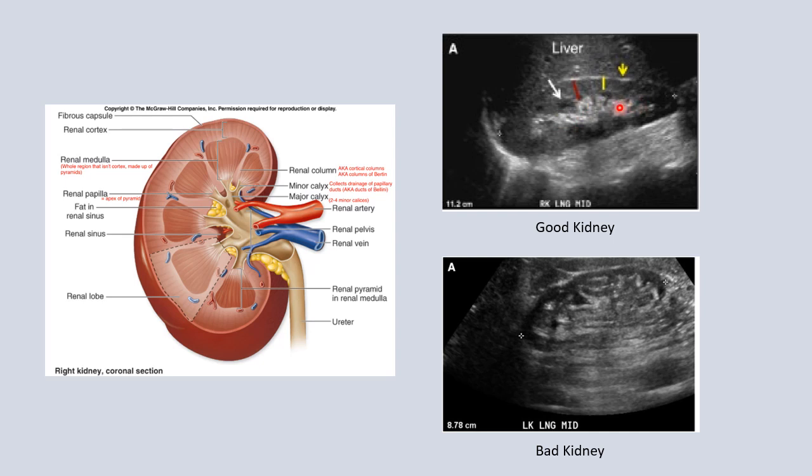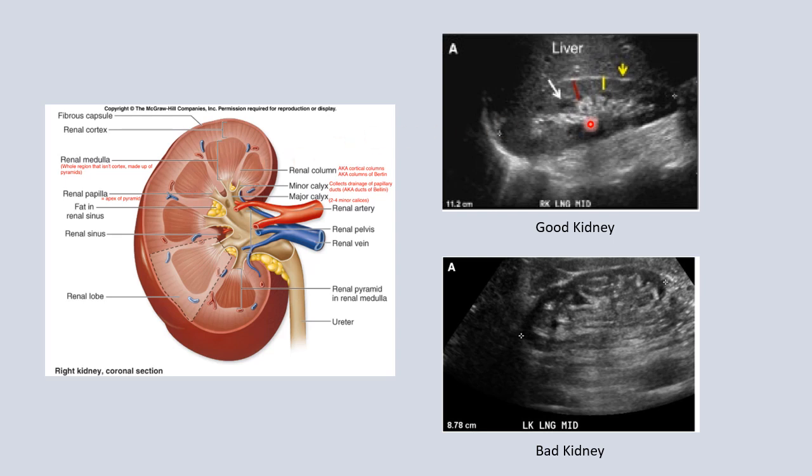All right, and then you have this anechoic portion of the kidney, which is the renal pyramid. And if you remember, the renal pyramid contains urine, so urine appears anechoic on ultrasound. And you can see here there are multiple different renal pyramids, which is consistent with the image you see here.